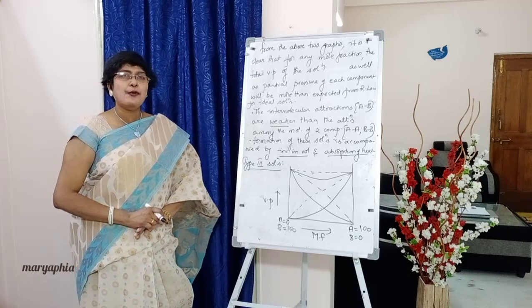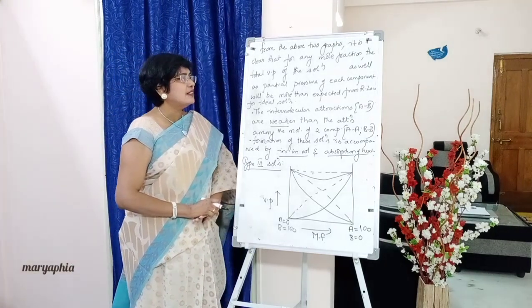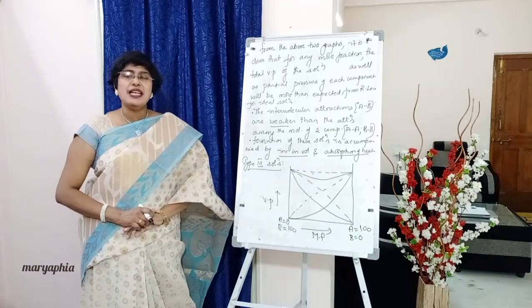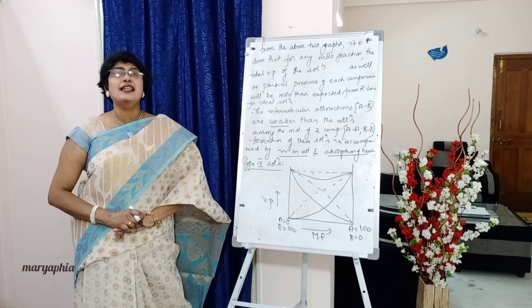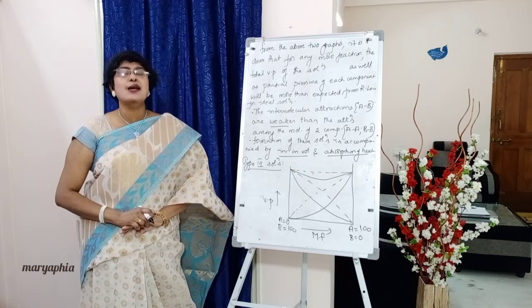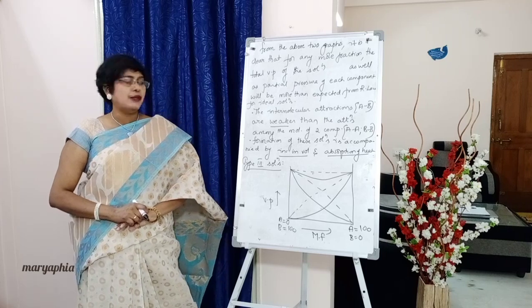Okay. So, 3 points we can conclude, students. The intermolecular attractions, that is AB attractions, are weaker than the attractions among the molecules of the two components, AA and BB.